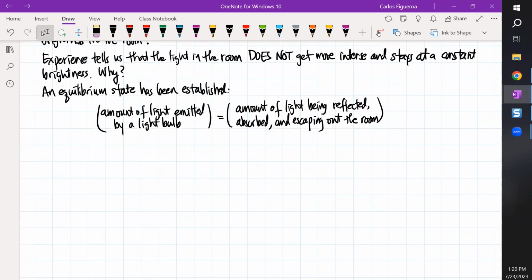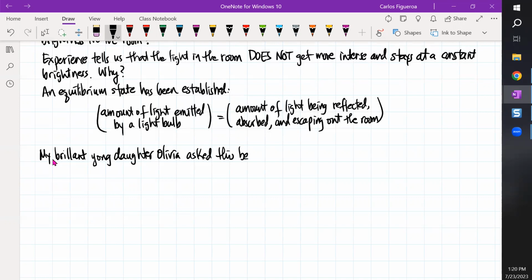So here was a great question from my daughter. My brilliant young daughter, Olivia, asked this beautiful question when I was putting her to sleep.